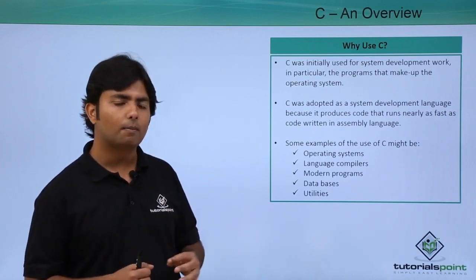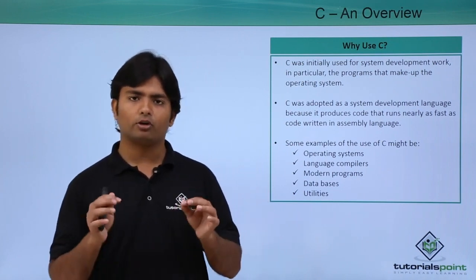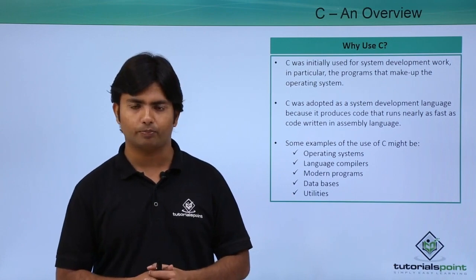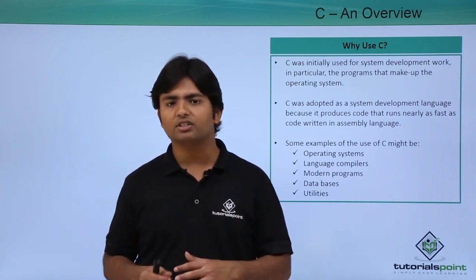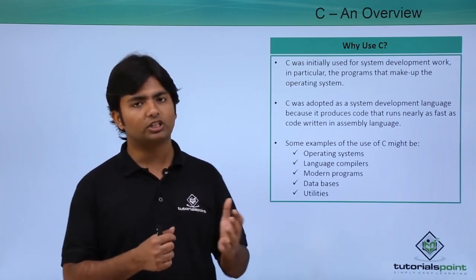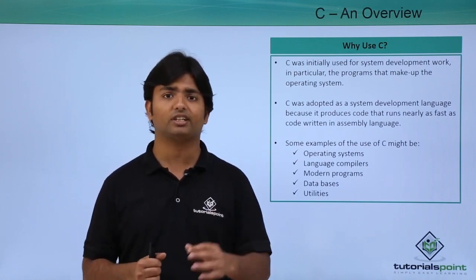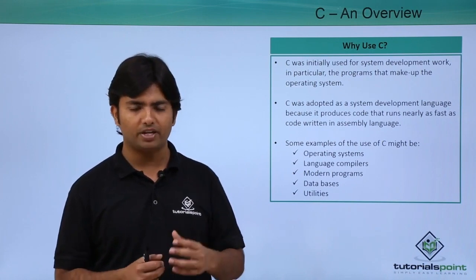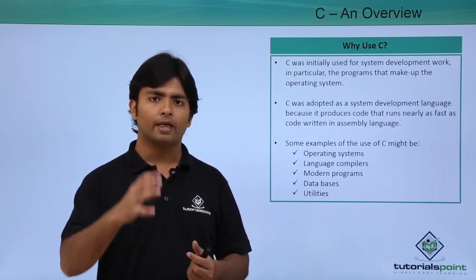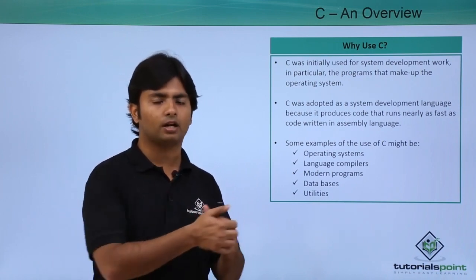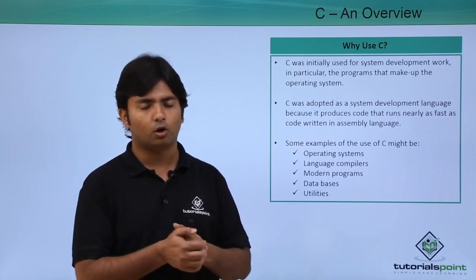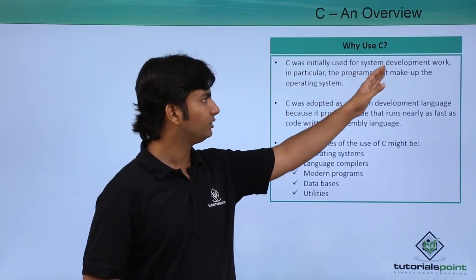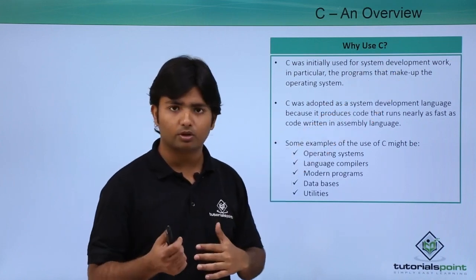But if I talk about system programming, meaning if you're creating something core in the system, let's say the kernel of the operating system, such applications can be built with C or C++ like languages, because these are the languages which communicate directly with the system, meaning they don't have any intermediate to communicate with the kernel of the operating system. So it is used for system development work, that is system programming.